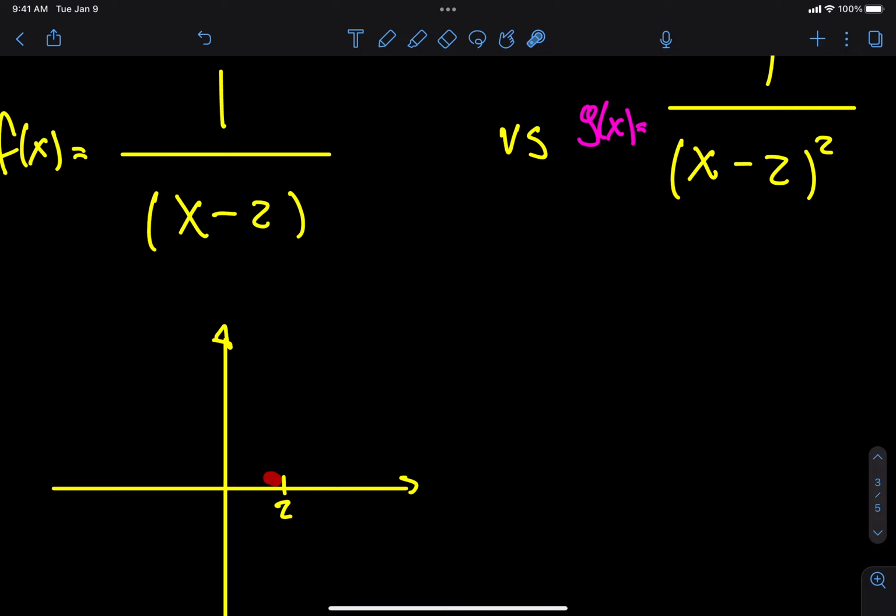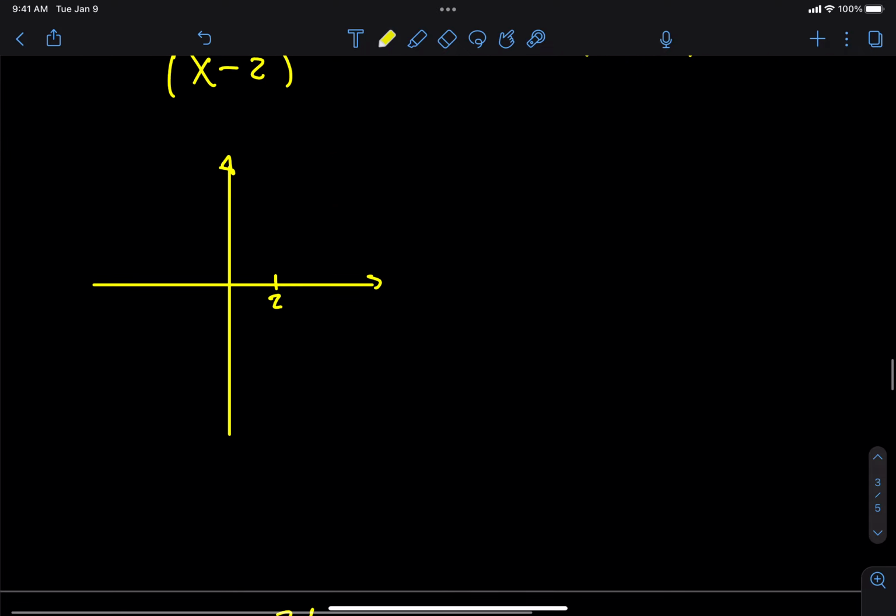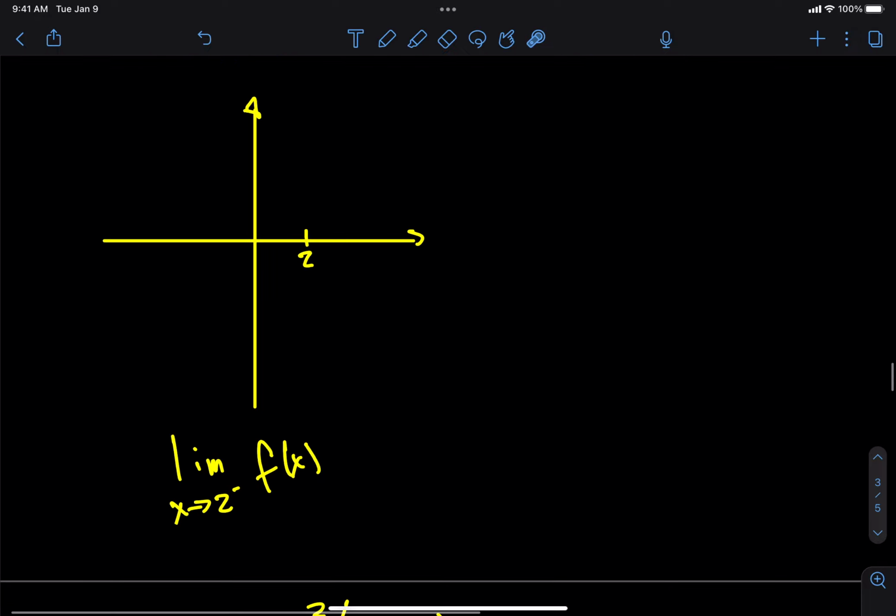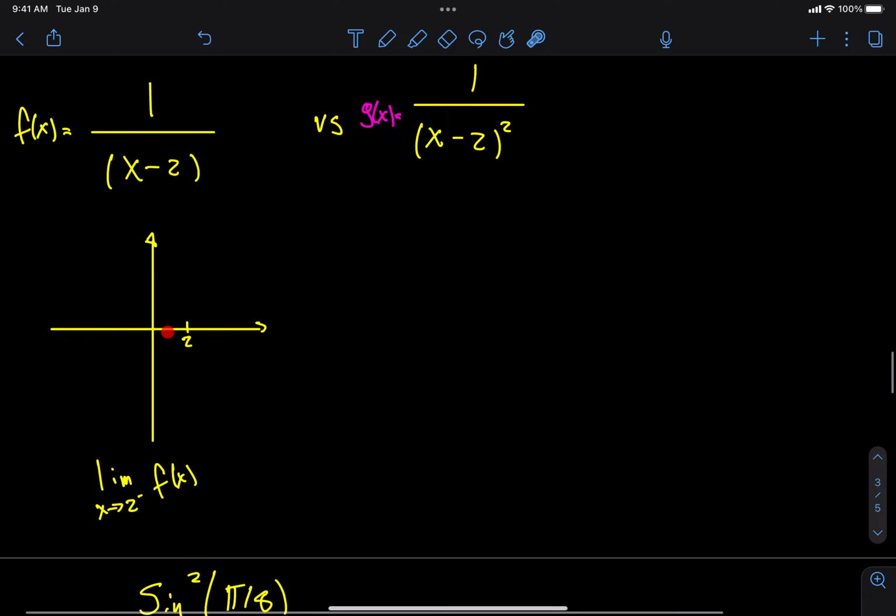Well, this is a question about limits. We sort of waved our hands at something called limits, which we said: the limit as x approaches 2 from the left. We write it like this, 2 with a minus sign to say from the left, of f of x. And we ask ourselves, if we take numbers which are close to 2, but less than 2, and plug them in, what sort of outputs do I get? So let's do a quick test.